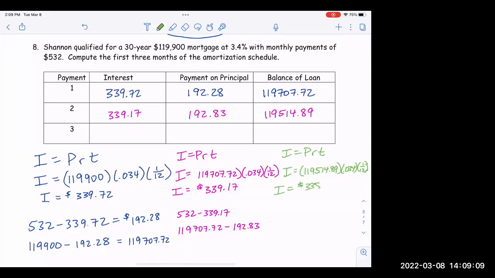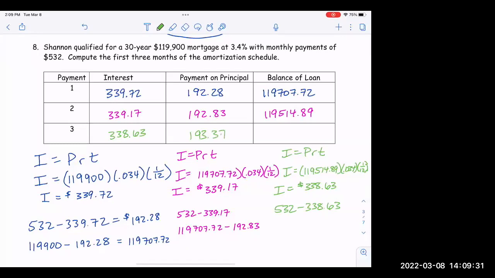Getting $338.63. Subtract that from the $532 payment.